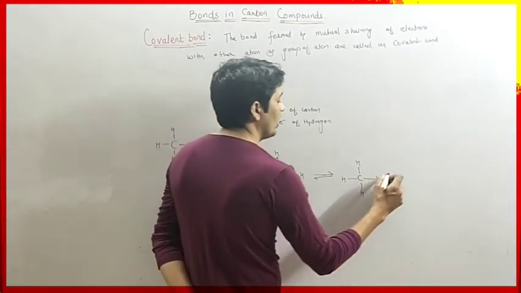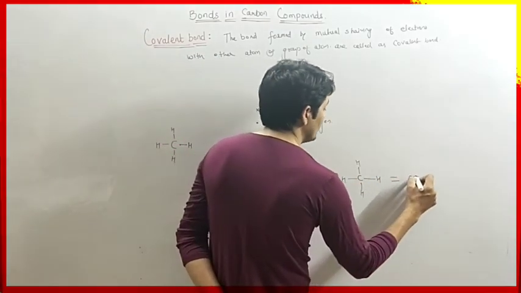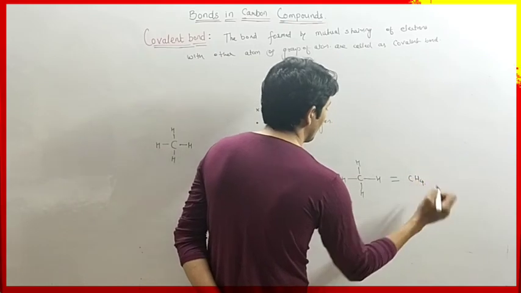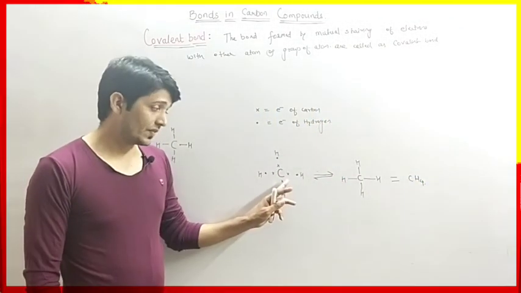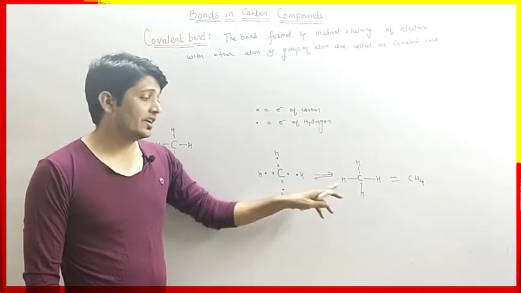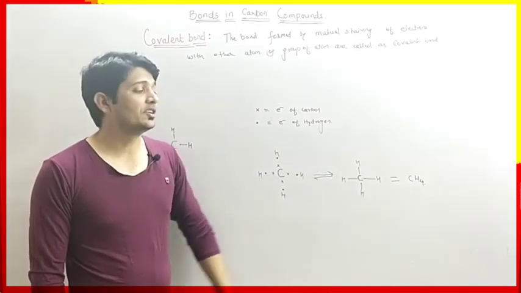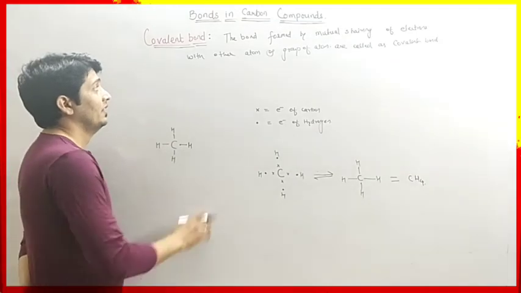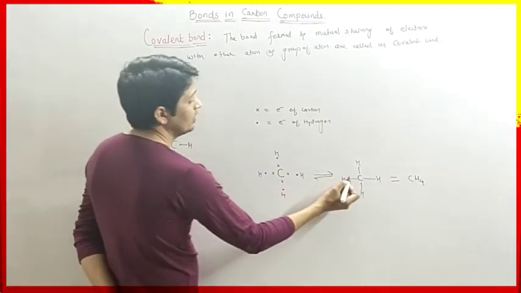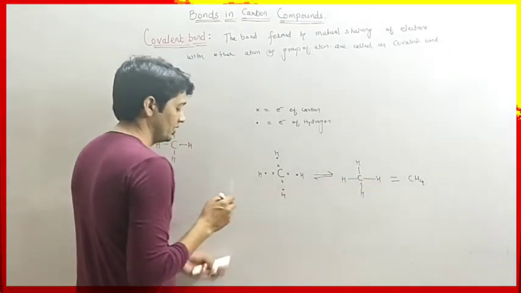It can also be represented as CH4. So it is the cross and dot structure, the dash structure, and the molecular formula of methane. Now all these bonds are covalent bonds.